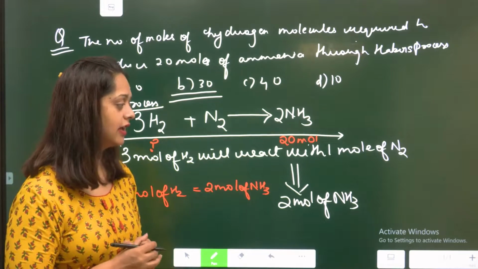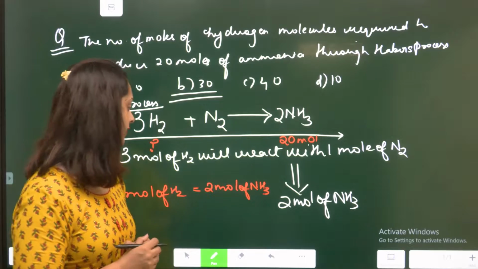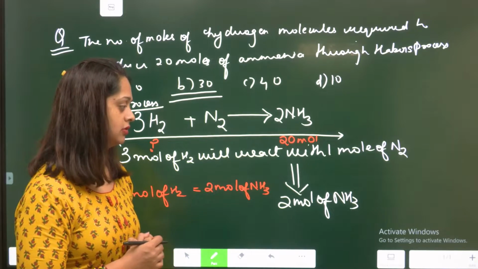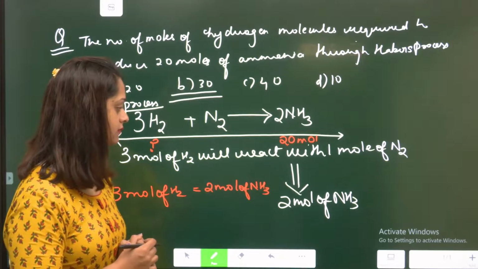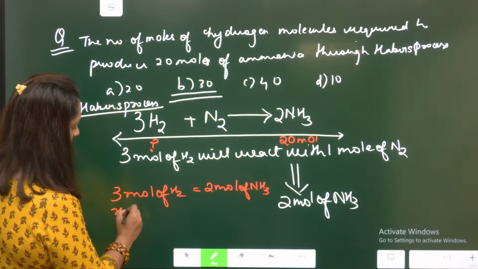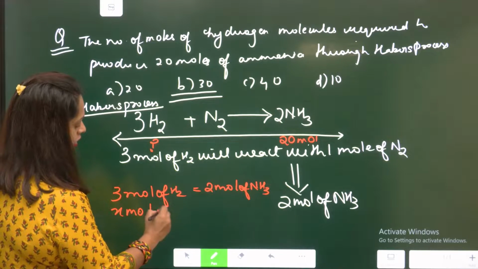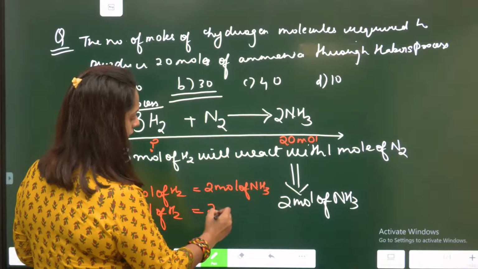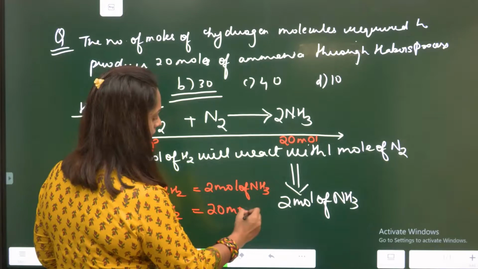What about the rest of the class? I'm getting only one response. Reshma, Surbhi. So X moles of hydrogen will produce 20 moles of ammonia.